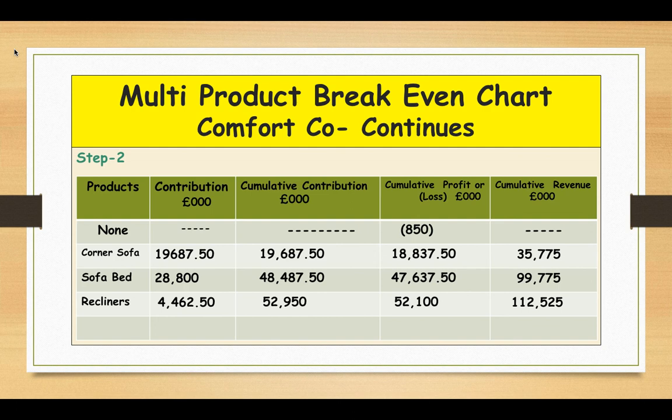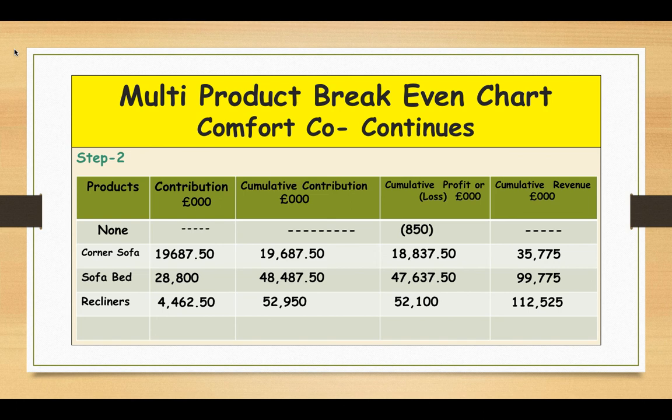Now, we'll calculate the cumulative revenue. So the total revenue for corner sofa and sofa bed is 99,775,000. Now we are going to add the total sales of the recliner sofa. That is £850 per unit times it by 15,000. So that is 12,750,000. That is the recliner sofa's total sales.